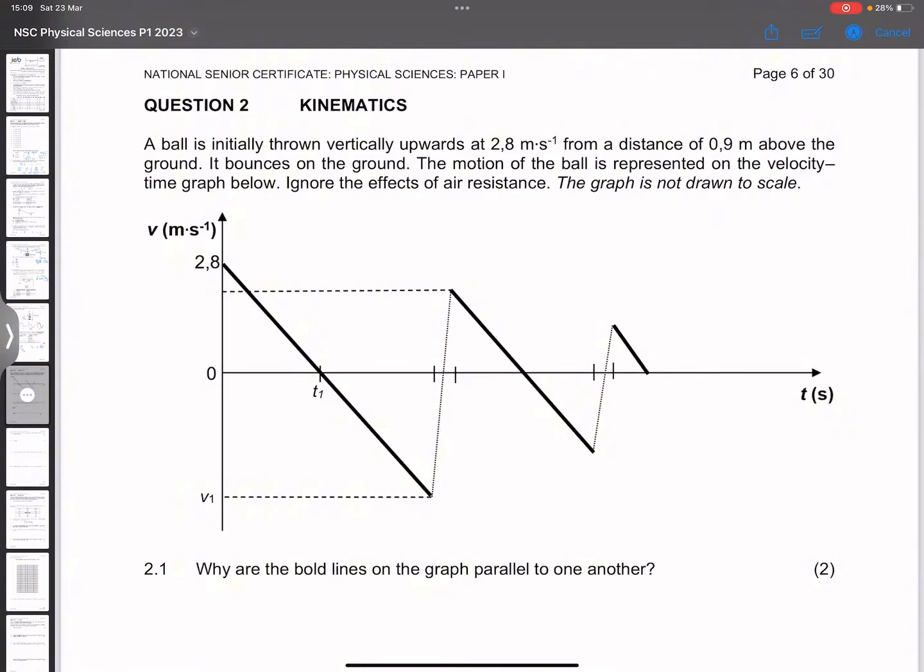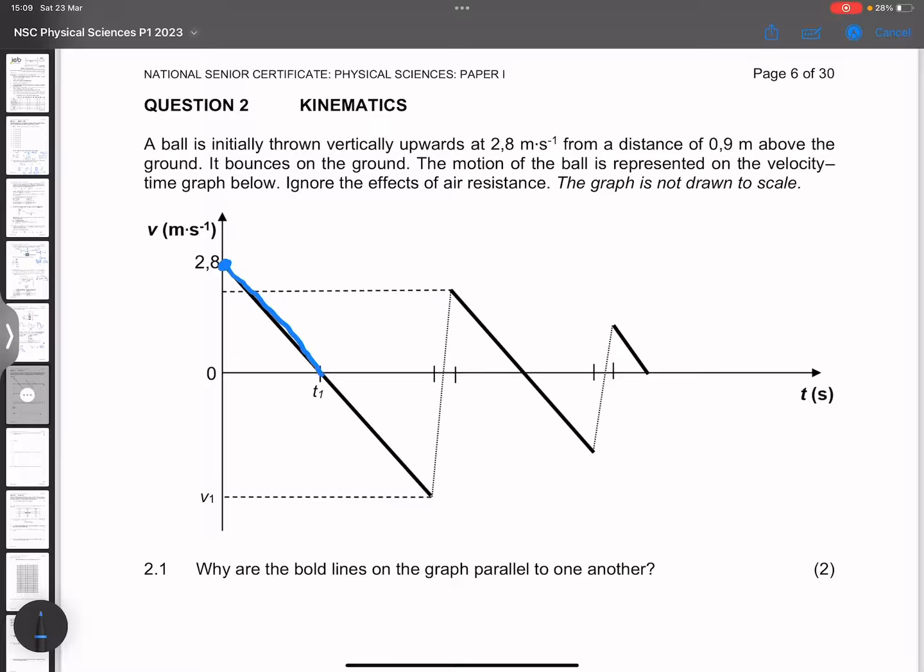Now, if we look at this graph, first of all, this tells us that we start with an initial velocity of 2.8. Okay, so there it is. As the ball goes up, what happens?